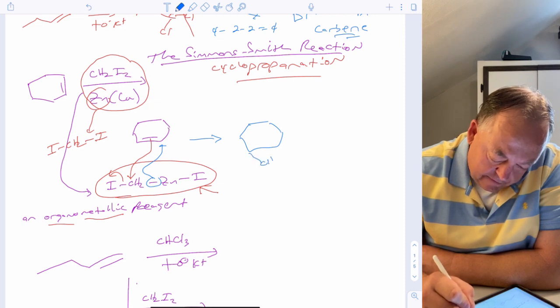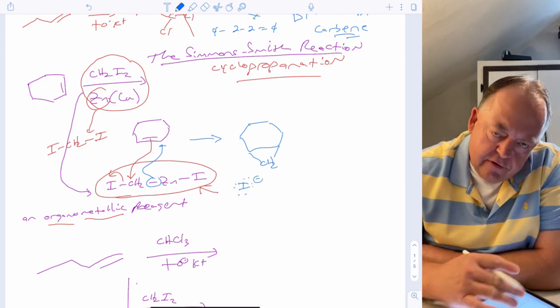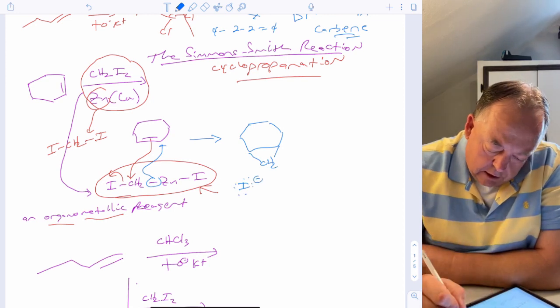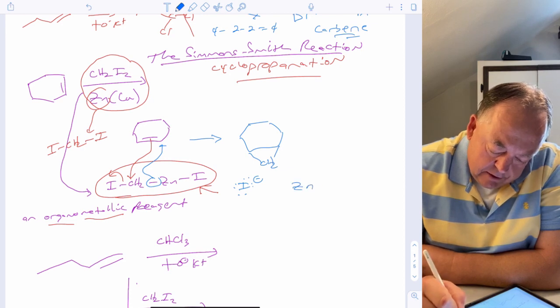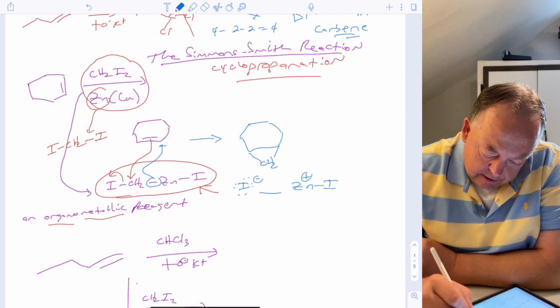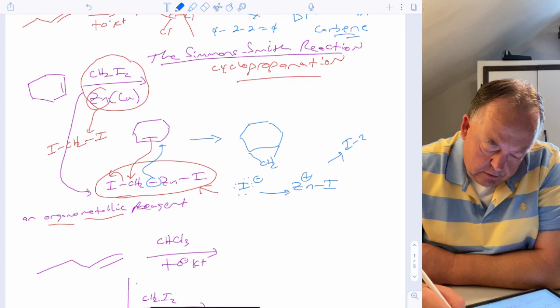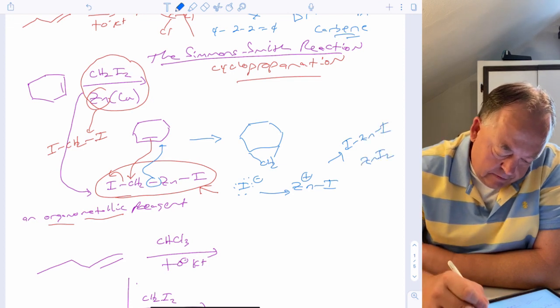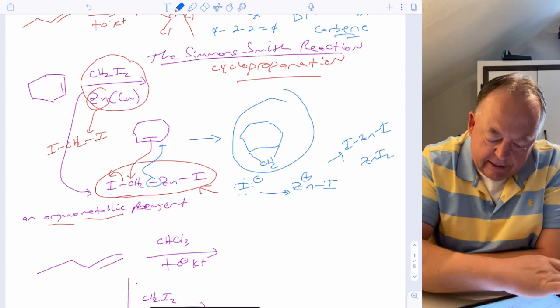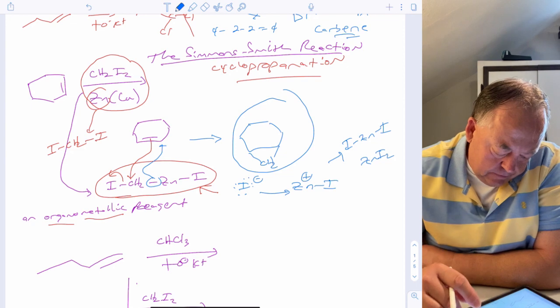So now we have a cyclopropane, so we lost an I minus because an iodine left on the left, and then we lost a zinc iodide on the right, but zinc lost those electrons, so it's positive. So then we're going to make a zinc iodide side product. But the main thing we're interested in is the organic product, so you make a cyclopropane out of the alkene.